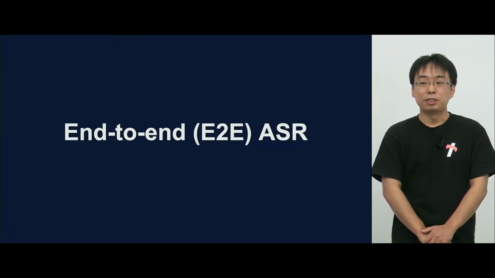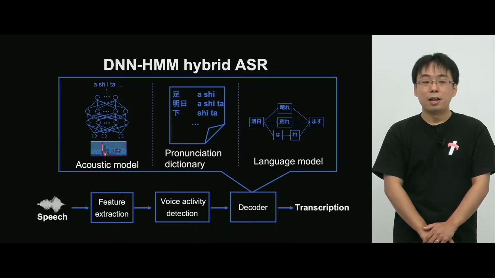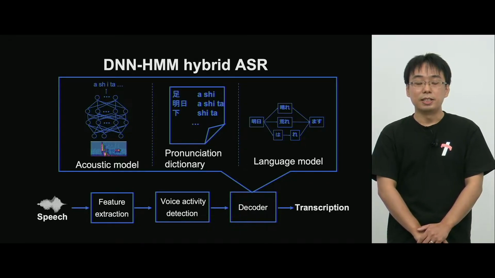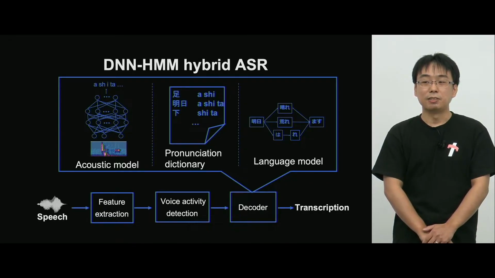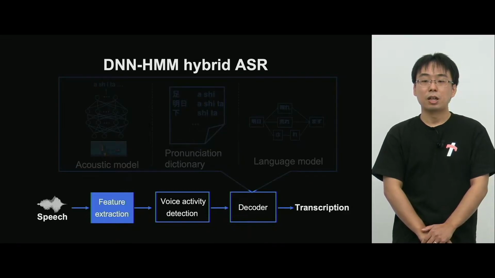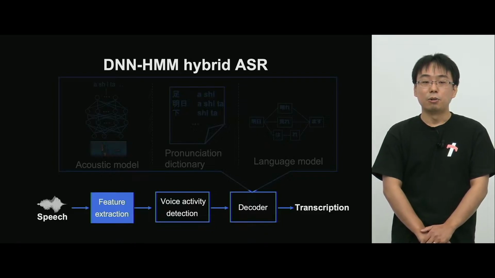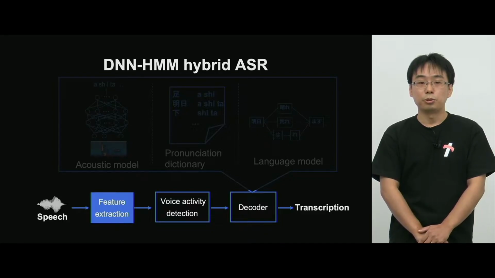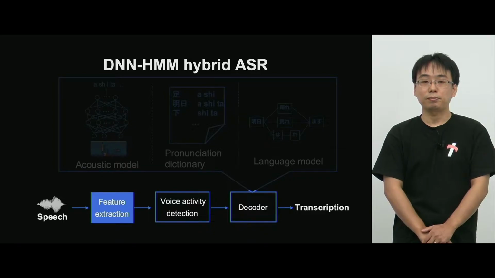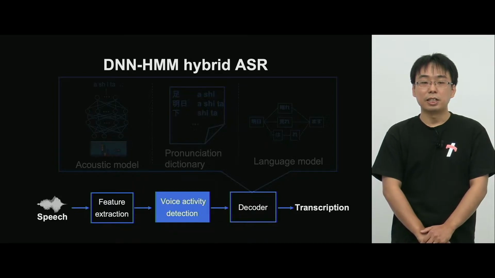Next, I would like to talk about end-to-end ASR, which was adopted to realize the on-device ASR. Before explaining end-to-end ASR, I'd like to explain the DNN-HMM hybrid ASR, which is used by the current YJVOICE. First, the sound is picked up by the microphone and the acoustic features are extracted for ASR.